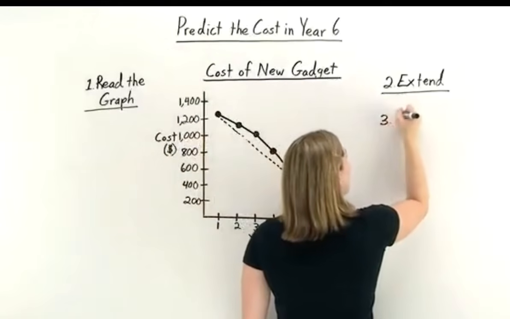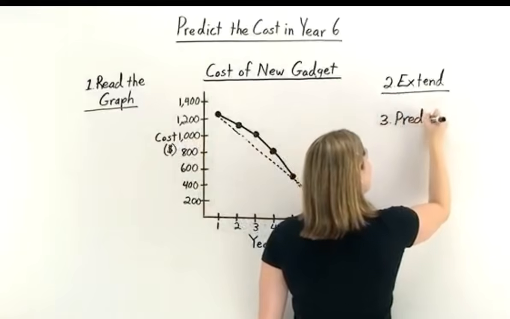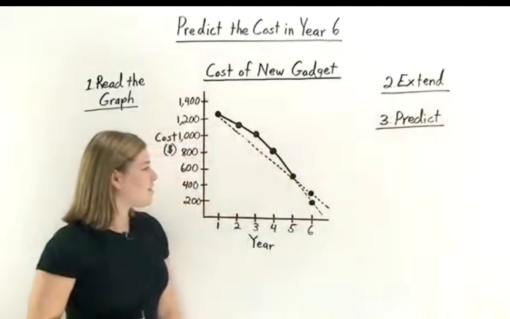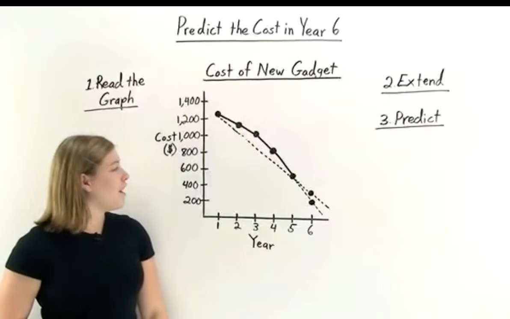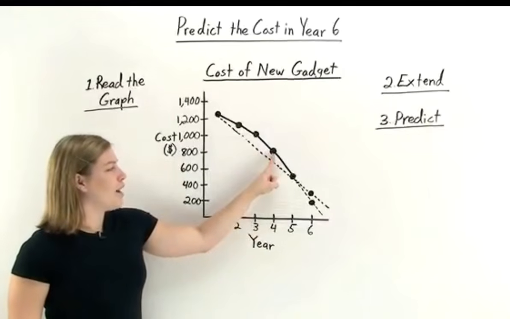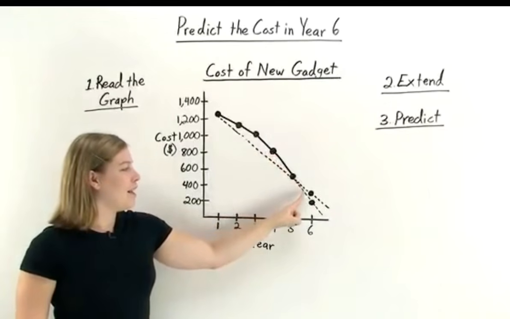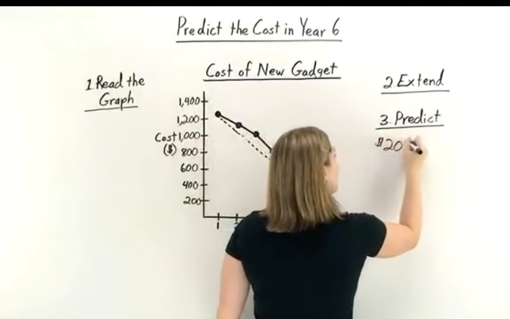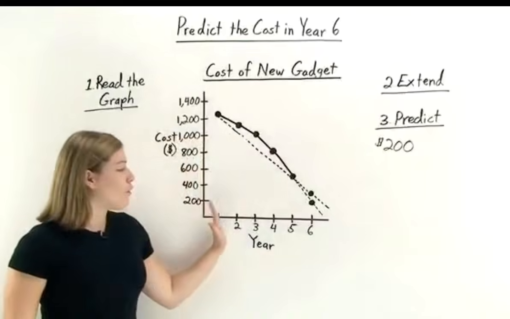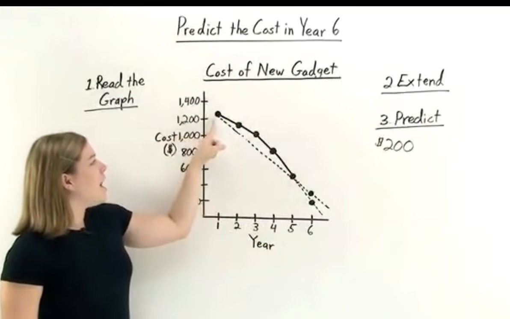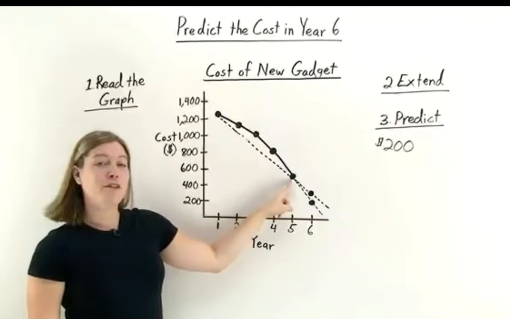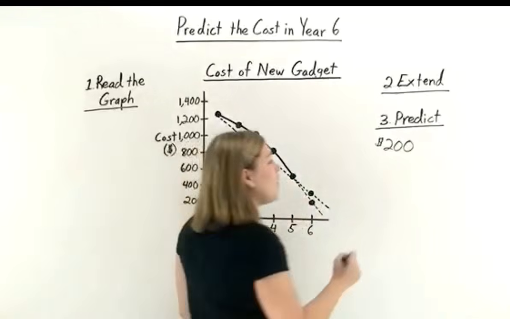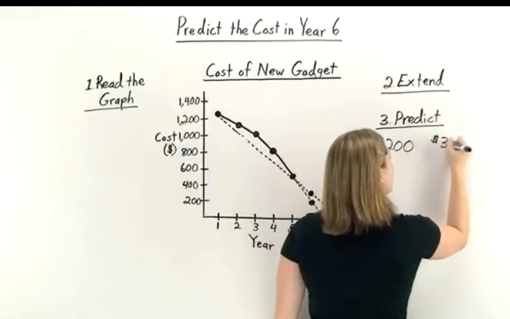So let's put this together and make a prediction about the cost of this new gadget in year 6. Based on what we've seen, if we just look at the short-term trend and extend out this last line segment, we get a cost of about $200. But if we take a look over this whole period of time, connecting the point from year 1 with the point from year 5, and then extending out that line, we get a cost of about $300.